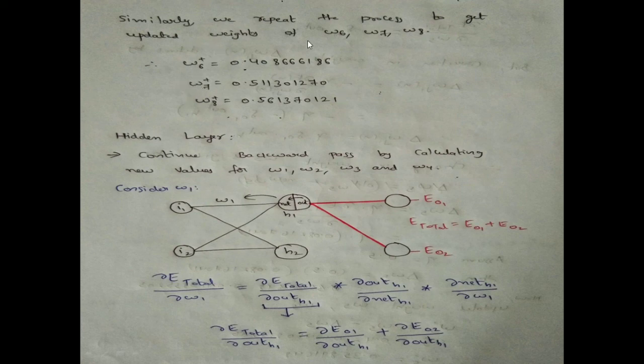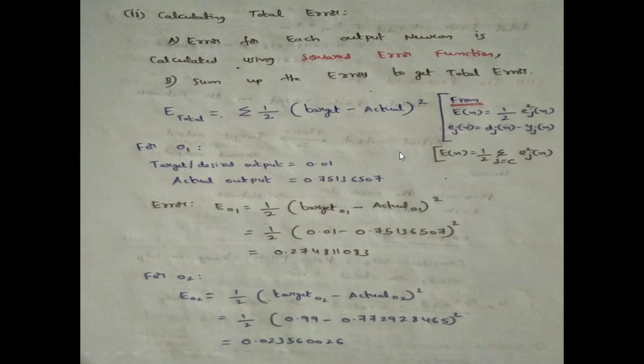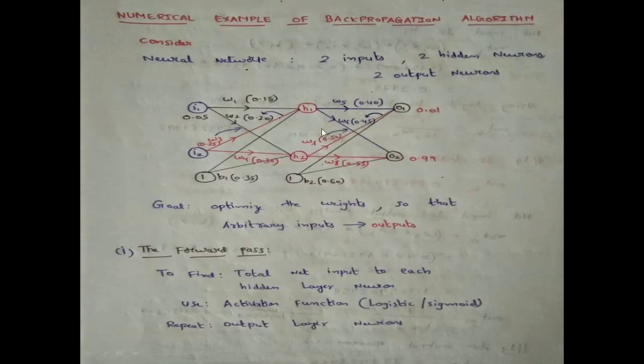After calculation, we got the updated weights of W6, W7 and W8 as follows. So what have we done till now? Till now we have calculated the updated weights of W5, W6, W7 and W8. Now the next step is we have to calculate the updates in the weights W1, W2, W3 and W4.